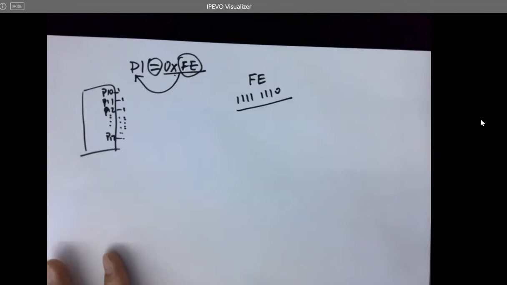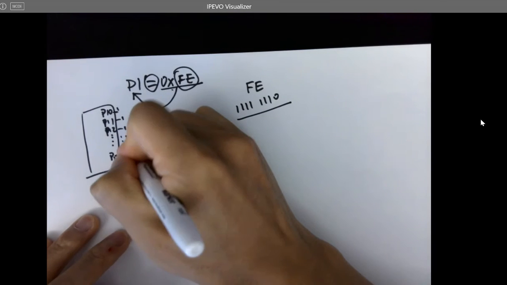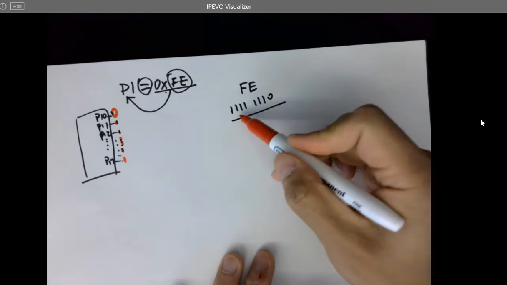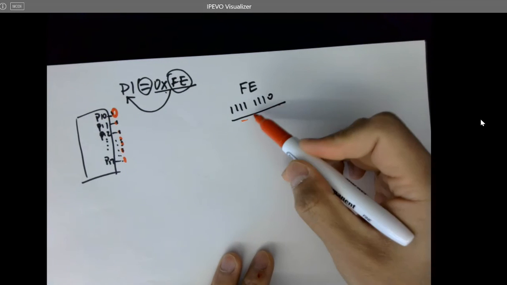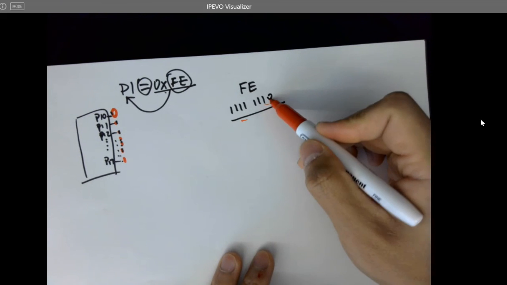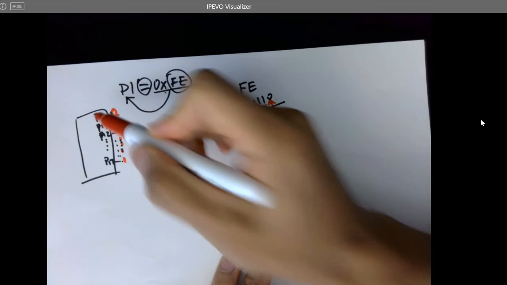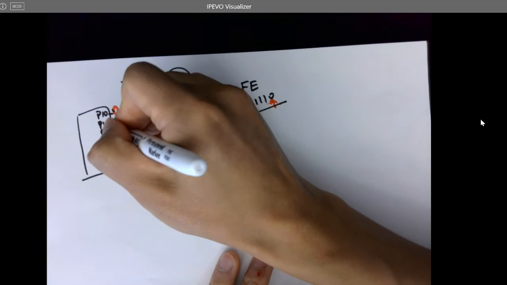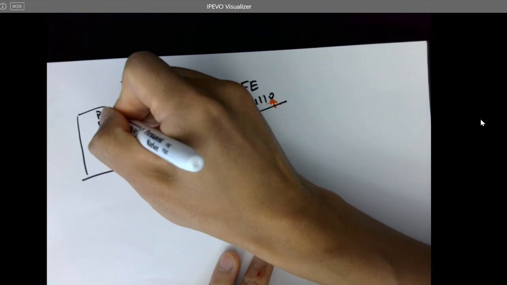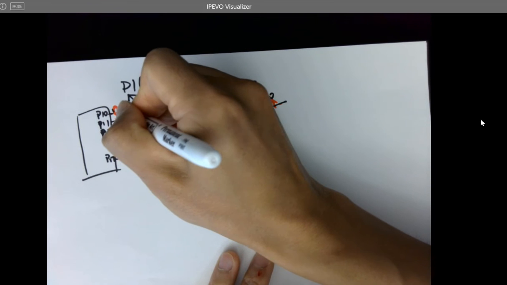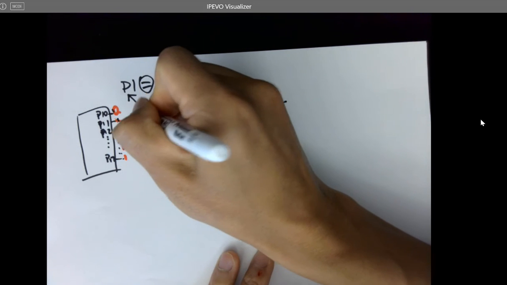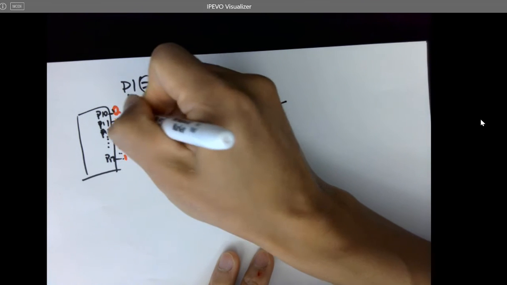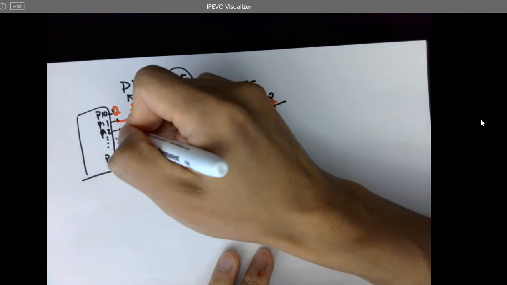So ones here, here, here, here, here, and 0 here, like this, right? So all the ones as these digits, but 0 here. So it's pulling these pins up to the power supply. If you have a little LED connected to it, it's going to shine, right? So it turns on the LEDs.